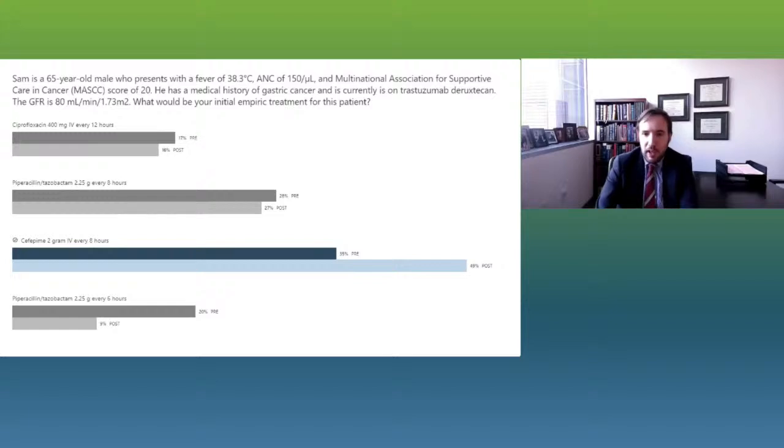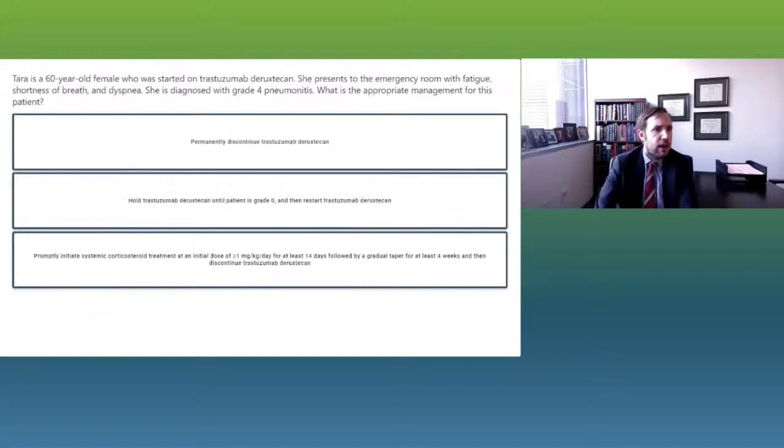Yeah, I agree. Cefepime would be the way to go, and it looks like more people got that correct this time. I think the big things are this patient is a little bit higher risk for neutropenic fever. His MASCC score is low, puts him a little bit higher risk. So yeah, I think cefepime would be the better empiric choice in this setting.